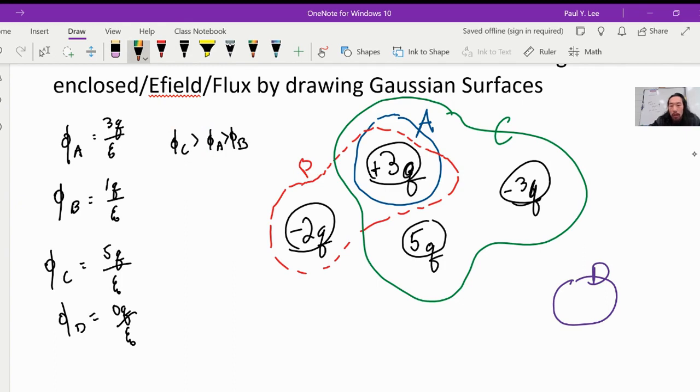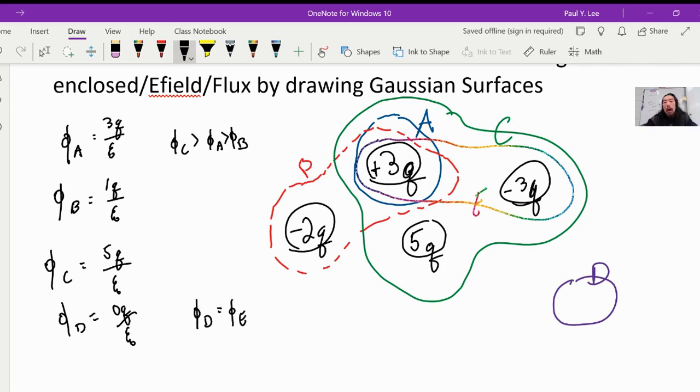If we were to encircle this 3Q and this negative 3Q, and we were to call this E, we would say that the flux of D is equivalent to the flux of E, because the positive 3Q and the negative 3Q would cancel out, and because of the cancellation, it's as if no charge is enclosed. All right, that's that.